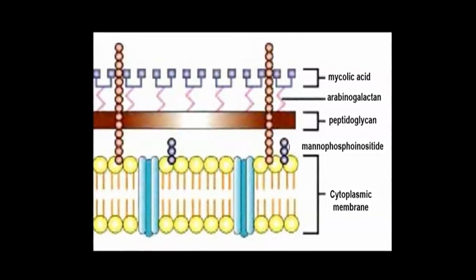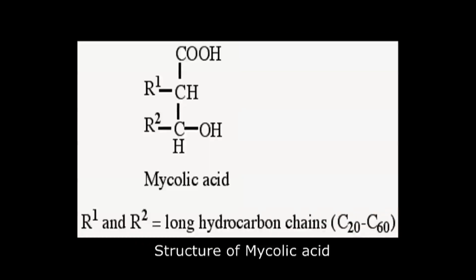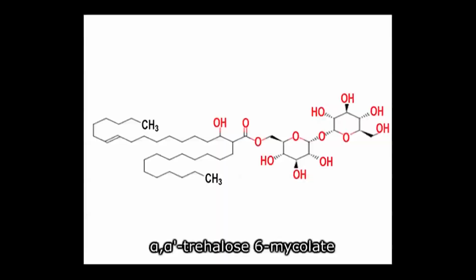In case of Mycobacterium species, Mycobacterium tuberculosis, we can find the presence of a special type of lipid layer. It is termed mycolic acid or cord factor. Cord factor is trehalose dimycolate. So this is a dense type of lipid.